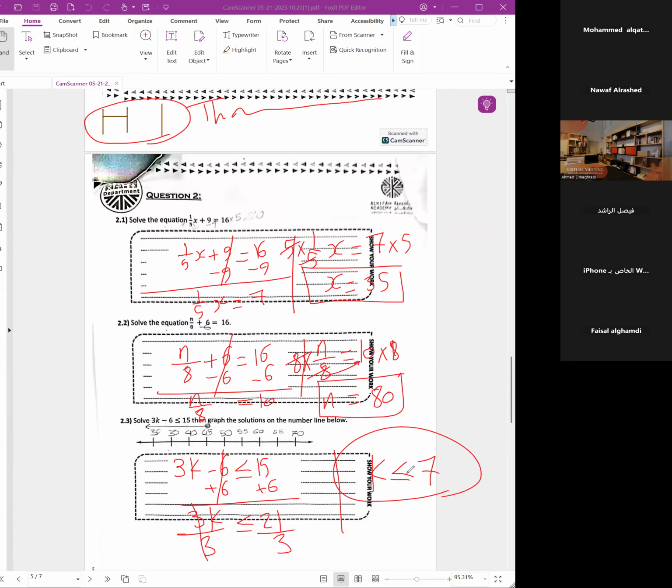Okay, Muaz, thank you. Is it clear? Do you have any questions? So we should write 7, then an open shaded circle, and then we move left. Here's the answer. Okay? Next question.